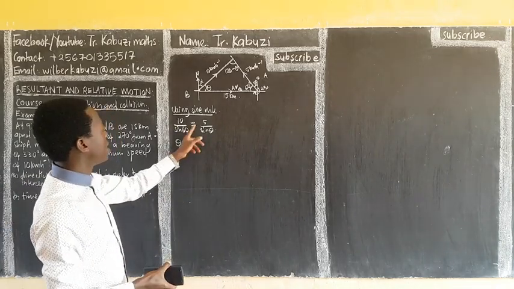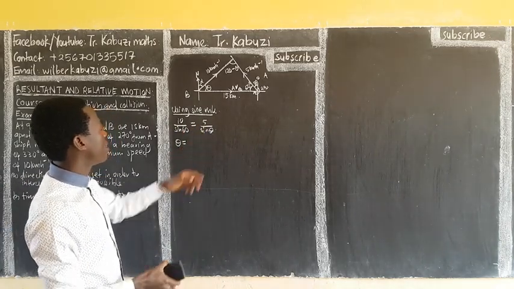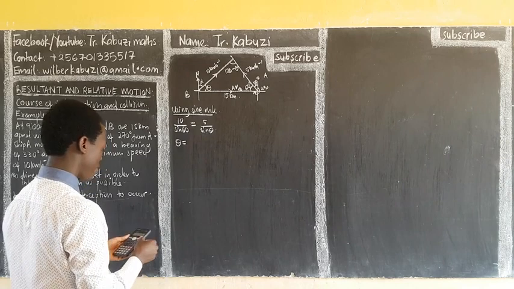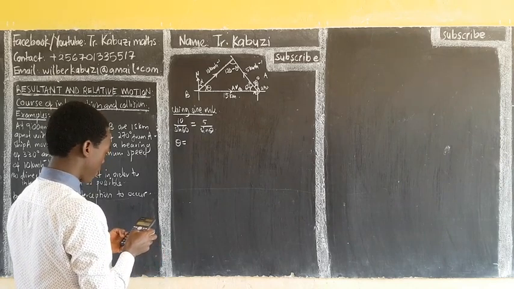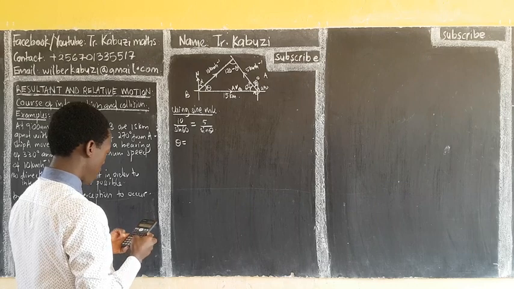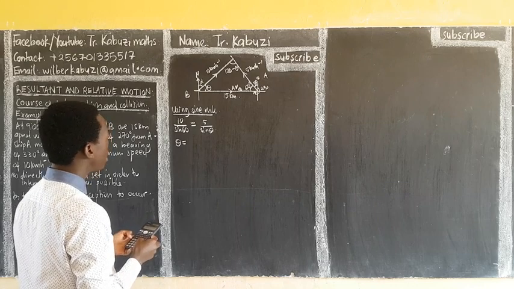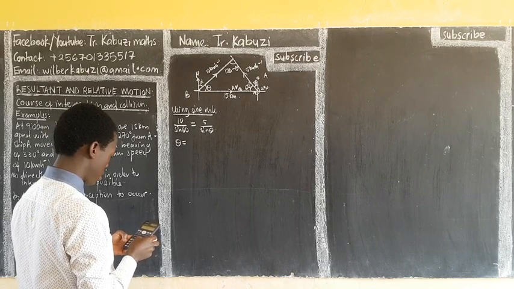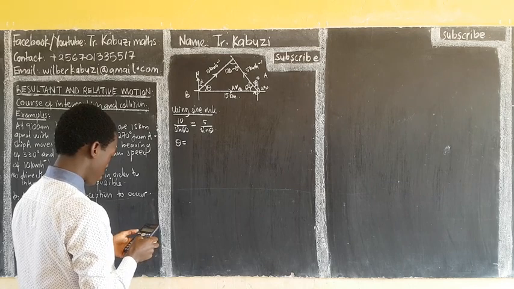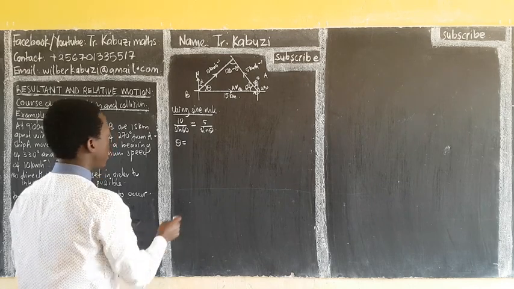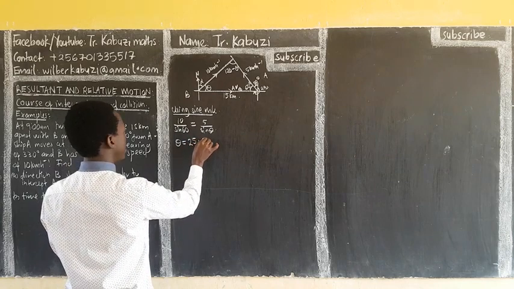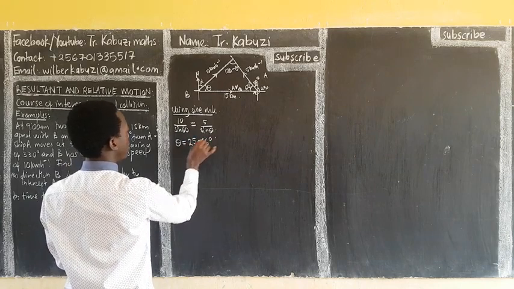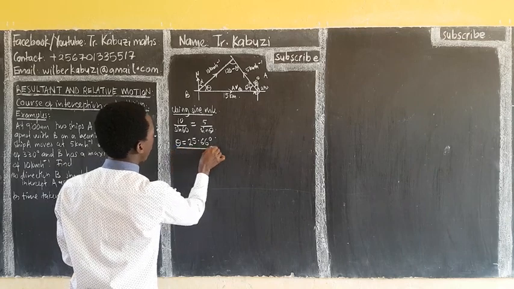You get this times this divided by that, then you take the inverse. So this is going to be 25.66 degrees.